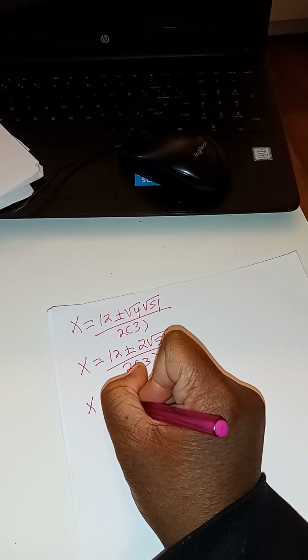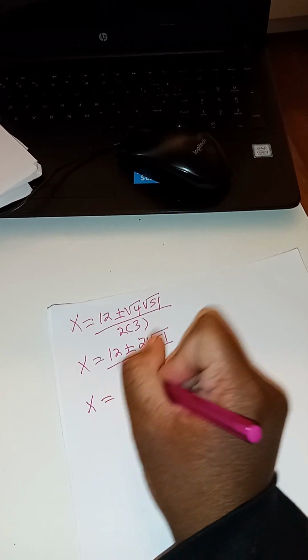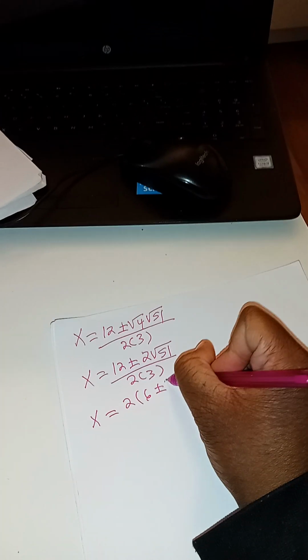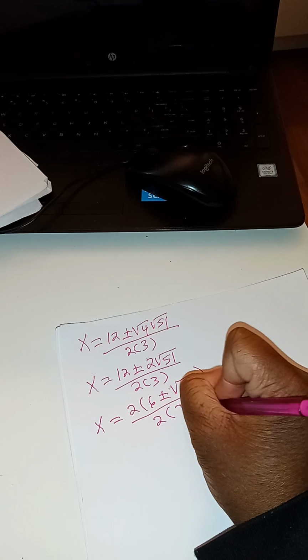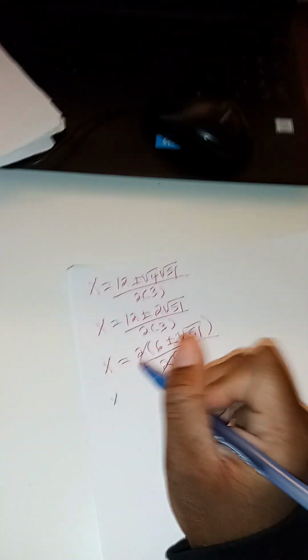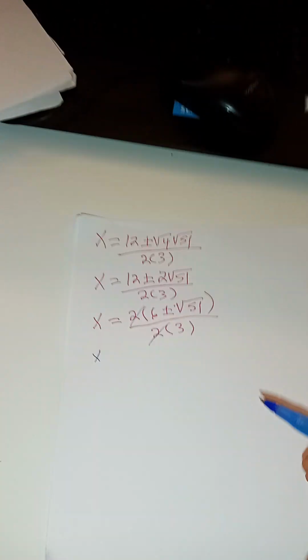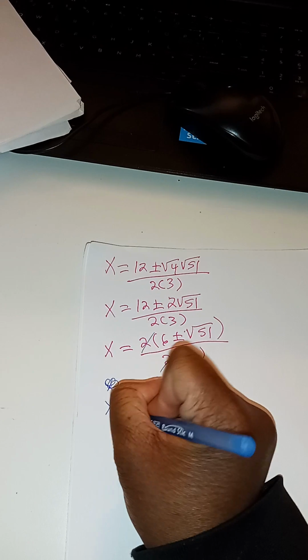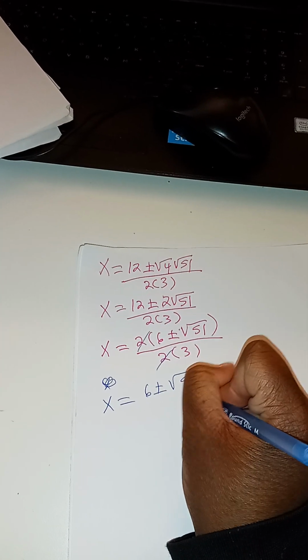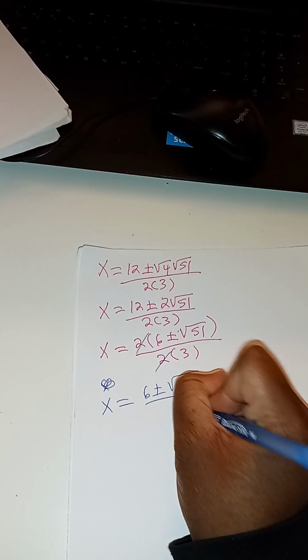Now we can factor out a 2, so x is equal to 2 times 6 plus or minus the square root of 51, all divided by 2 times 3. Now we see the 2's can cancel out, so this will yield x is equal to 6 plus or minus the square root of 51 divided by 3.